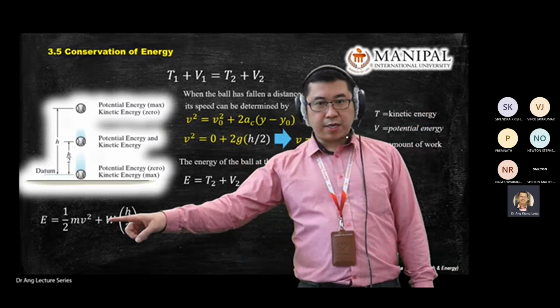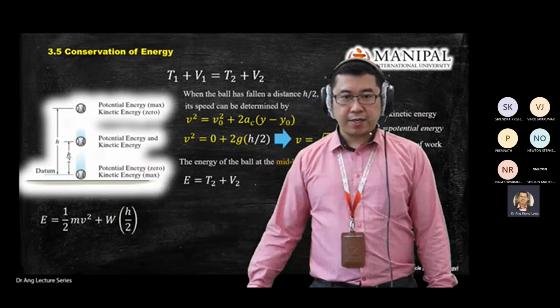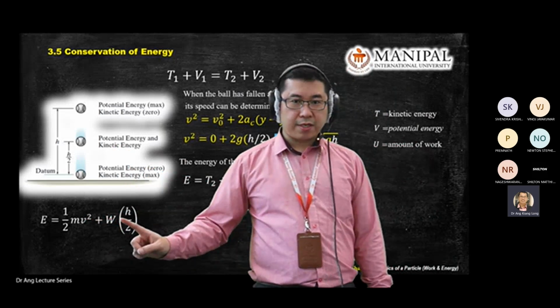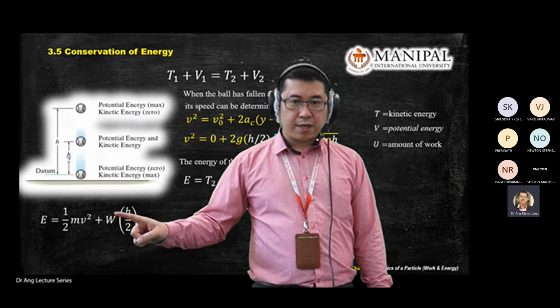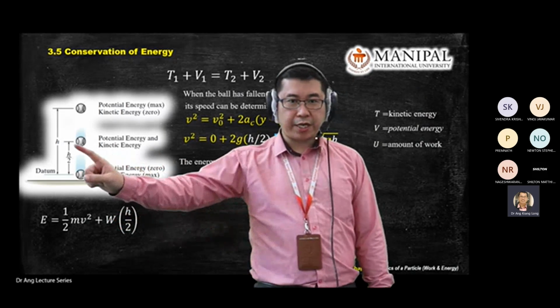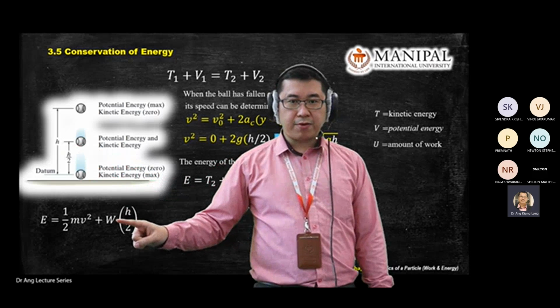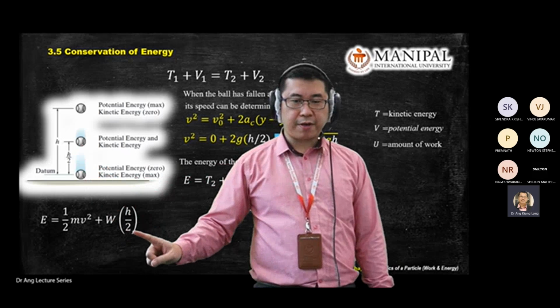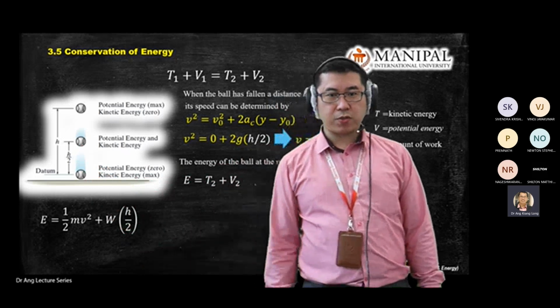So here at the middle it is half mv square plus your potential energy, mgh. In this case, your h is half, so at the middle it is h divided by 2, mgh divided by 2.